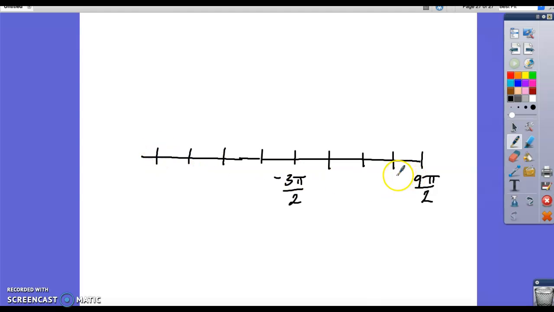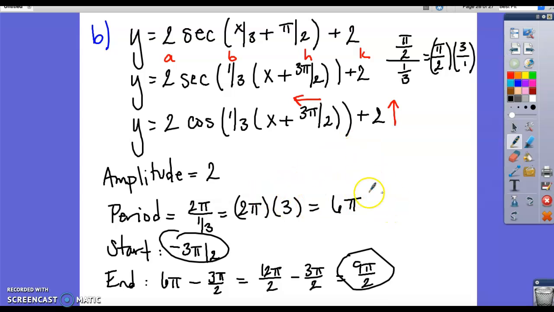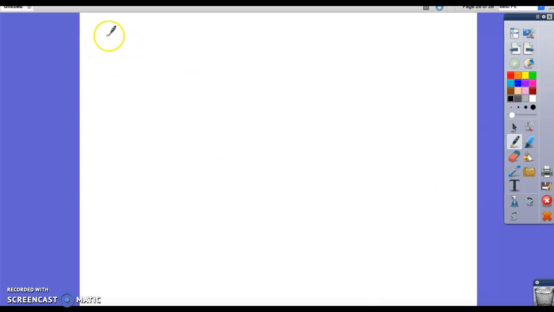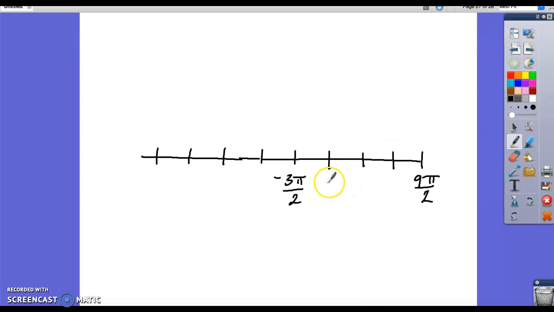I am going to go ahead and find those critical points to figure out the distance between critical points. I take my period and divide by 4. So the distance between all of my critical points is 3 pi over 2. I am starting at negative 3 pi over 2, so to get to my next critical point, I add 3 pi over 2, which is 0.